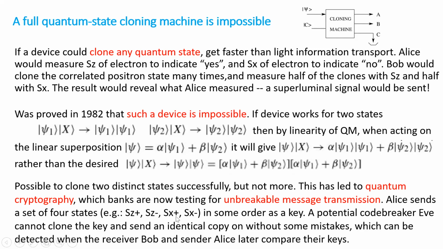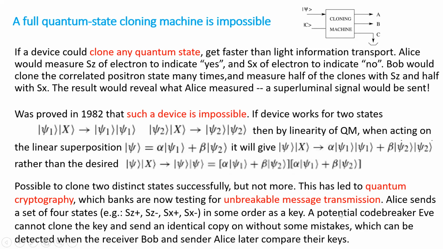So some permutation of these. If there were 10 electrons, it might be SC plus, SX plus, SC minus, SX plus, SC minus, SX minus, SX plus, SC plus, SC minus, and SX plus. Just some ordering of these states for each electron that she sends as a key.